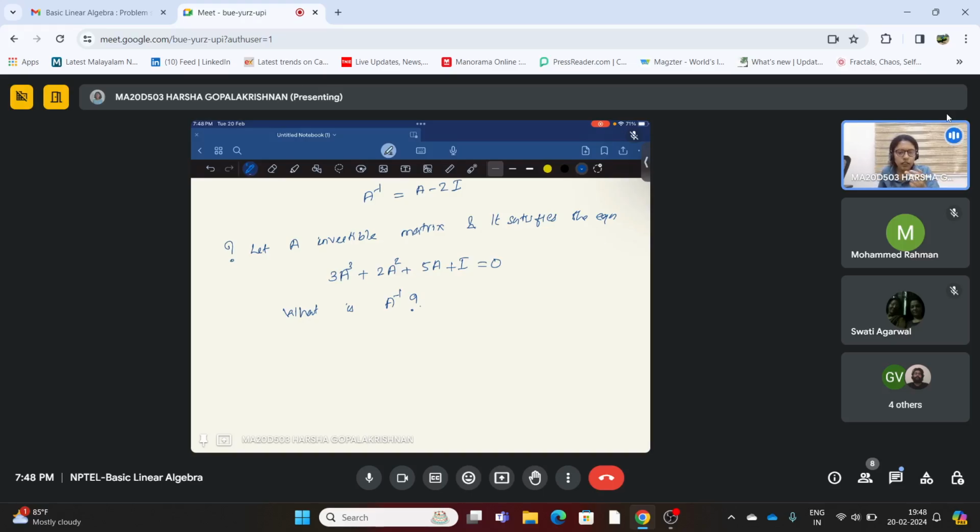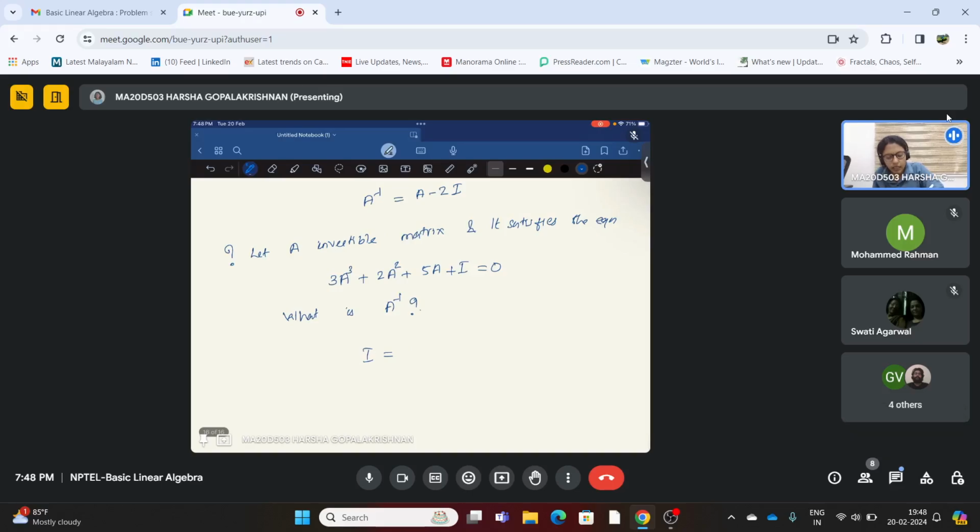As earlier, either you can keep the I this side and take all the other terms to the other side: I equals minus (3A cube plus 2A square plus 5A).